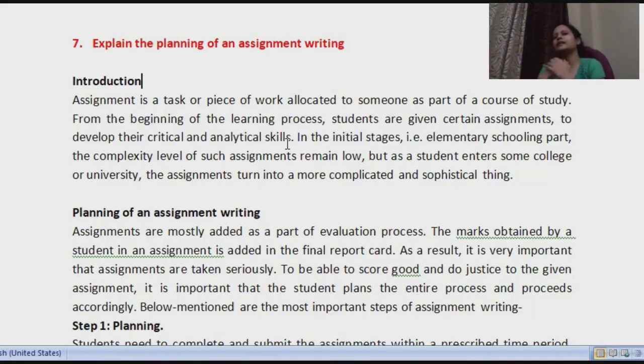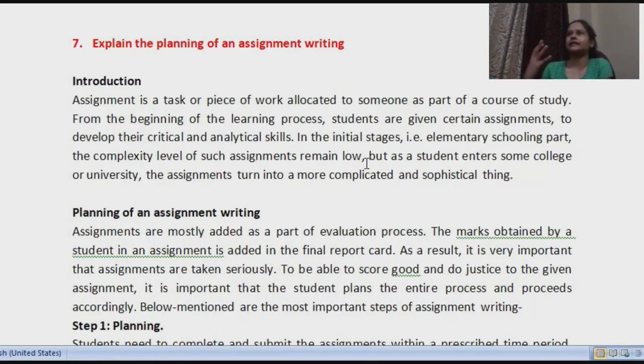So that critical thinking also you have developed by doing all these assignments, by reading all the different things and stuff. So it will help in developing critical and analytical skill in mind of a student. In the initial that is elementary schooling part, the complexity level of such assignments remain very low.